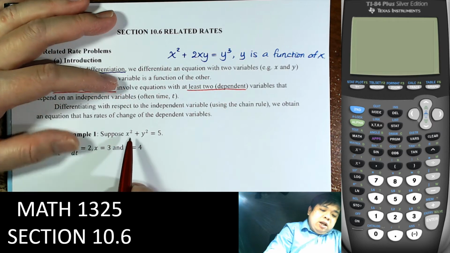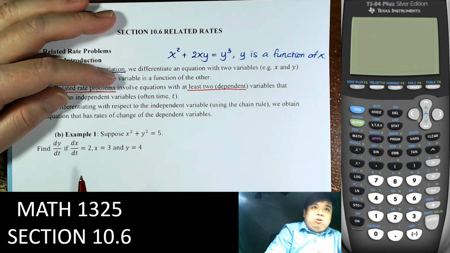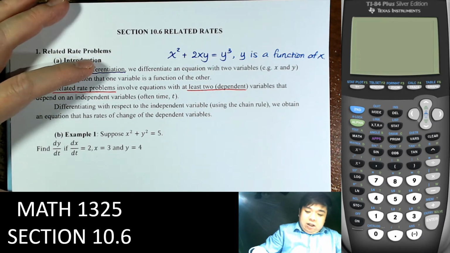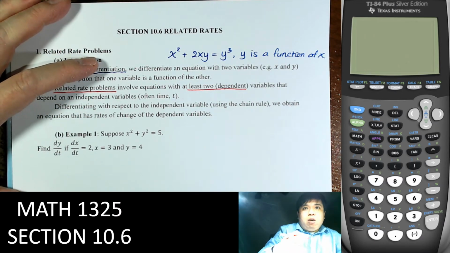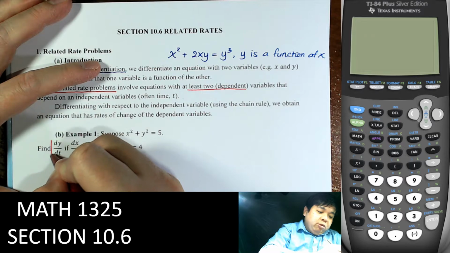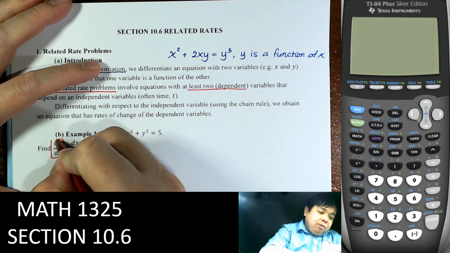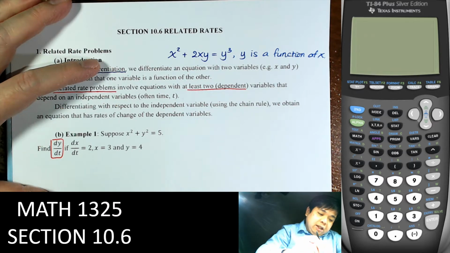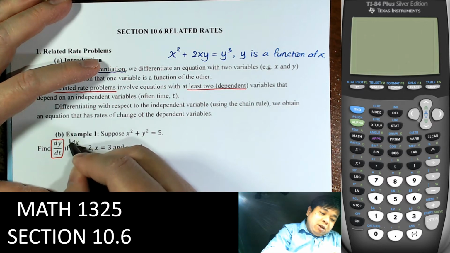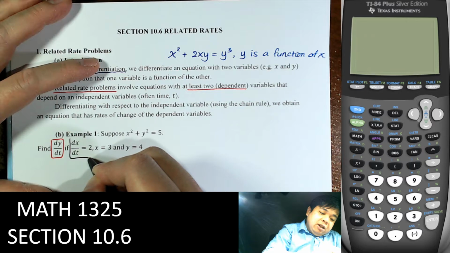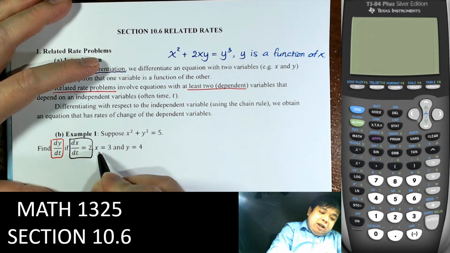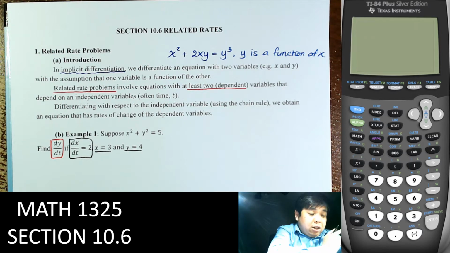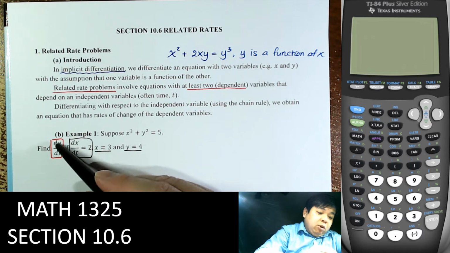So suppose we have x squared plus y squared equal to 25, like the equation we had, but this time we want to find dy over dt, and dx over dt, the derivative with respect to t, is given, and we have x equal to 3 and y equal to 4. So there are two derivatives, of x and y with respect to t.